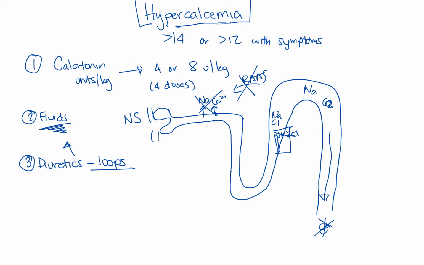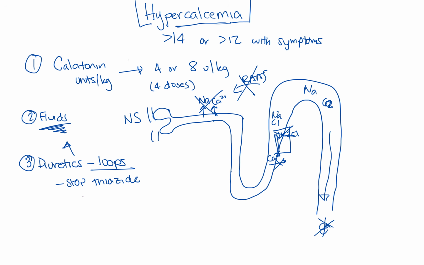By inhibiting your sodium absorption, remember this leads to less calcium traveling through the paracellular transport pathway, and so this leads to calcium losses in the urine, right? This is something that we know, Bartter syndrome, loop diuretics lead to hypocalcemia. And what you will then do is stop a thiazide if they're on it, right? So you stop the thiazide, okay?